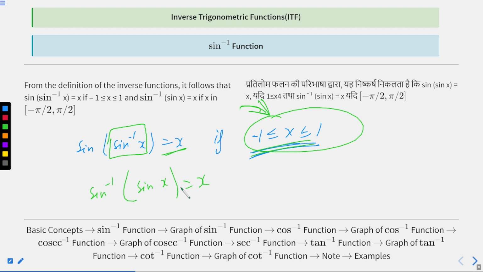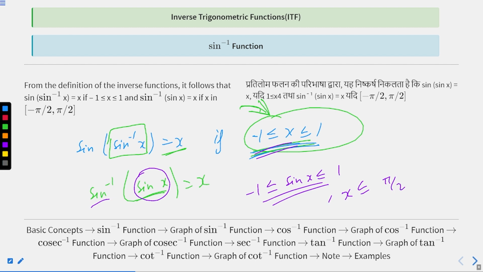Okay, we know that sine inverse of this must belong to this, because it must satisfy the domain condition. So this means sine x must be less than or equal to 1 but greater than or equal to -1, and we know this happens when x belongs to minus pi by 2 to pi by 2.